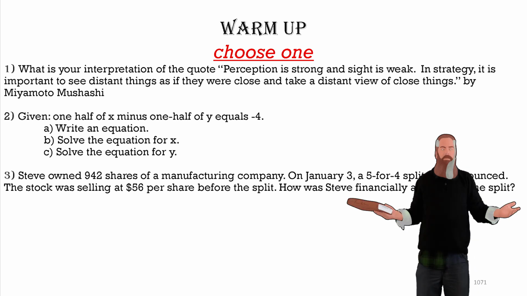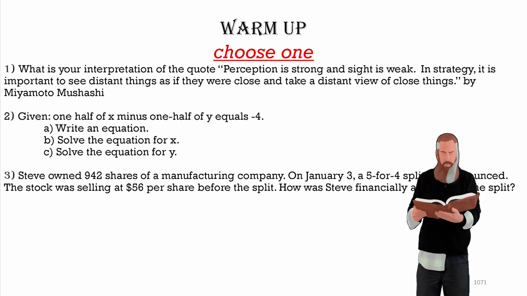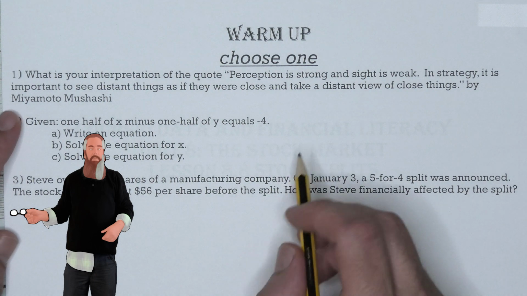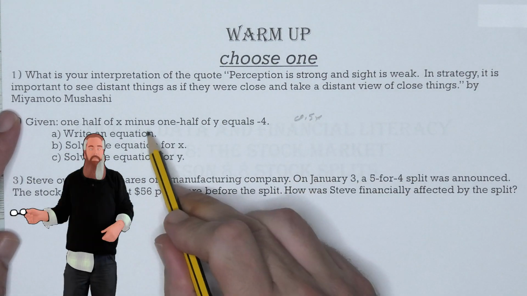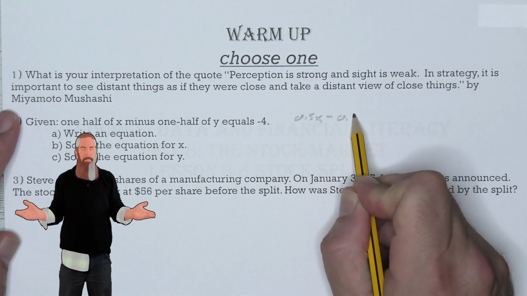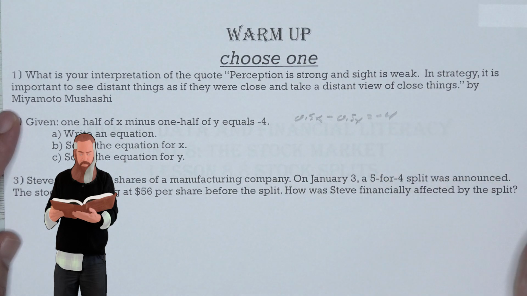Given 1/2 of x minus 1/2 of y equals -4, we're going to write that equation. 1/2 of x is 0.5x. Minus is, of course, minus. 1/2 of y is 0.5y and equals -4.